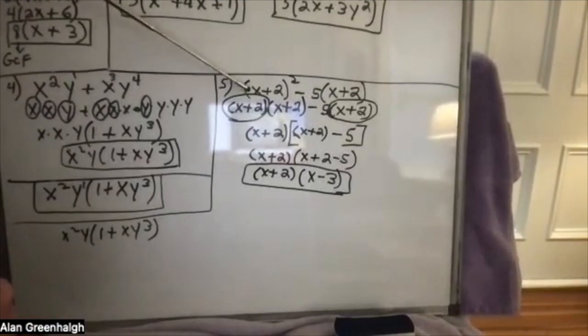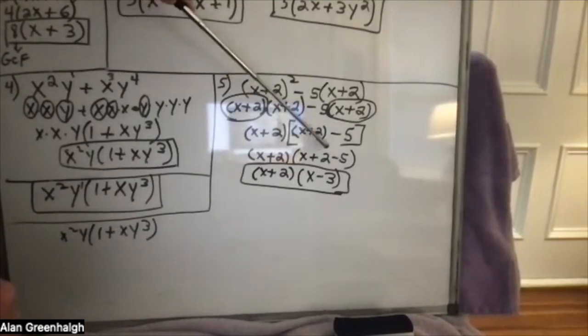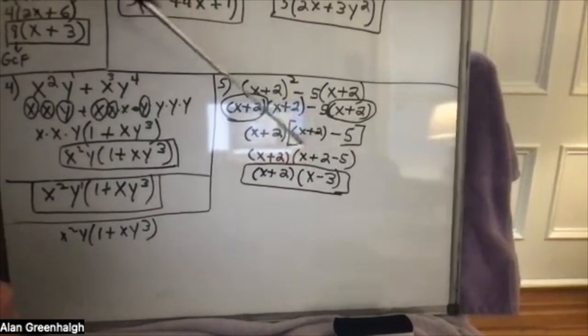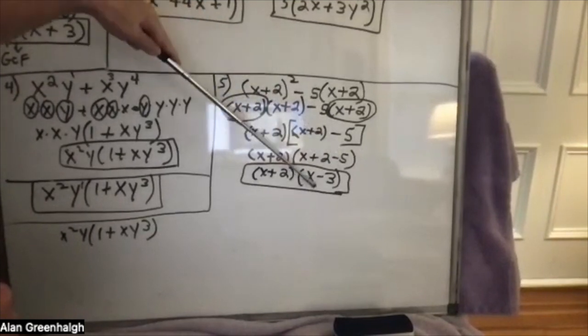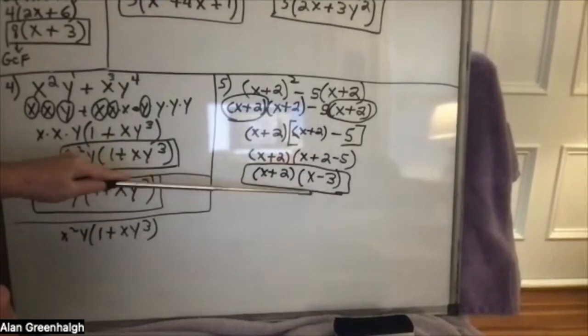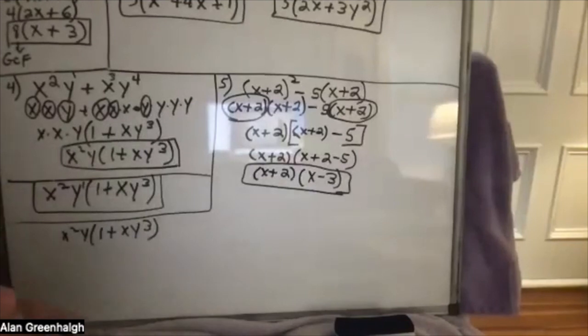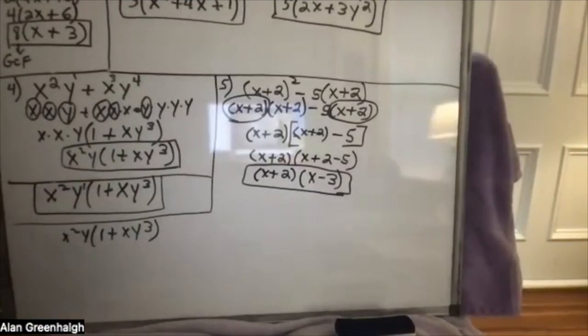In other words, take out the common factor, you're left with this, then you could drop the parentheses and just put x plus 2 and then put the minus 5. And now you have to simplify. So a positive 2 and a negative 5 is a negative 3. And this is what it winds up being. This is a kind of an unusual problem, right?